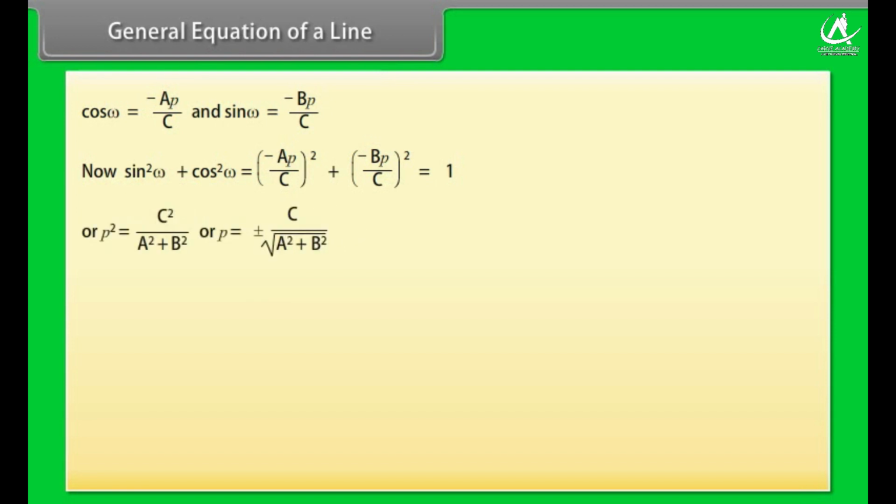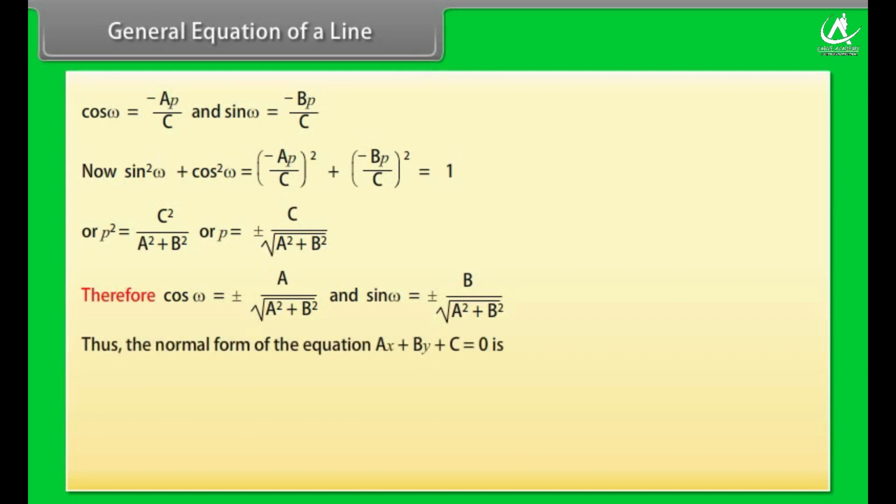Or p² = c²/(a² + b²), or p = ± c/√(a² + b²). Therefore, cos ω = ± a/√(a² + b²), and sin ω = ± b/√(a² + b²).